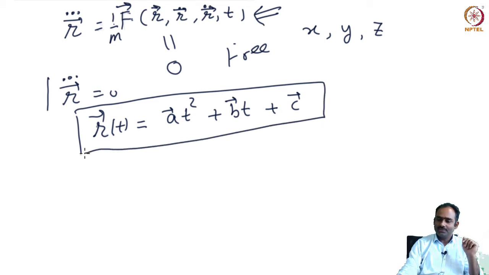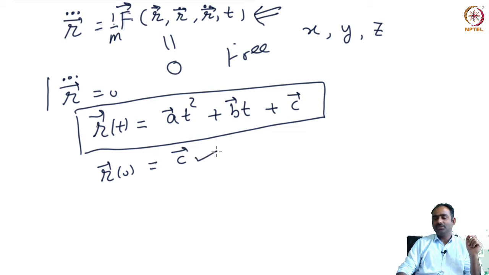And clearly, if you choose the particle to be at rest at time t equal to 0, so you put r of 0, that would be your C. So this you can fix by telling where the particle is located at time t0. Very good.